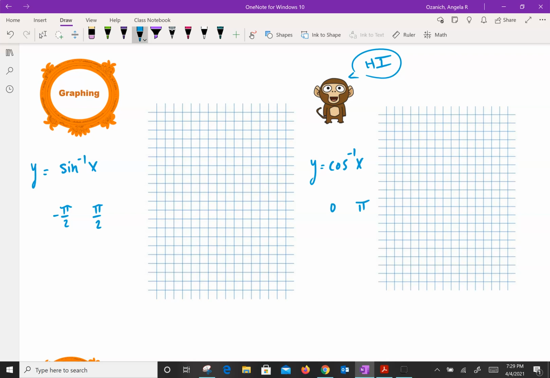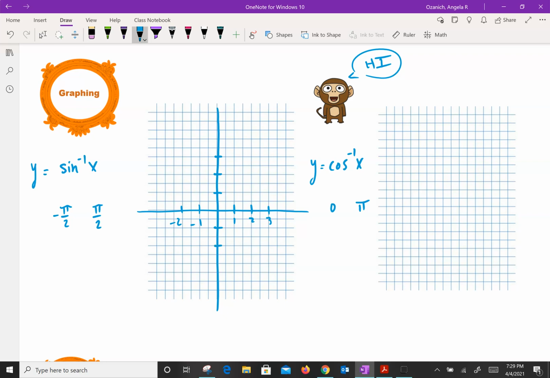So maybe try just working through creating these graphs. And remember, with the inverse sine function, we're going to have our numbers, like 1, 2, 3, happening along your x-axis, from -1 to 1, and then we're going to have your numbers in terms of pi along your y-axis.